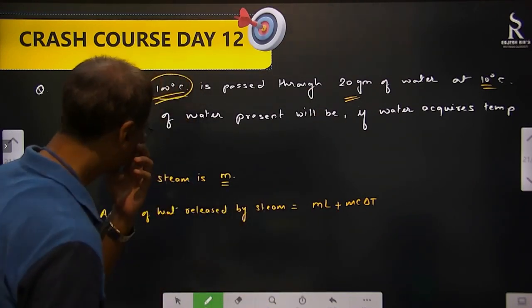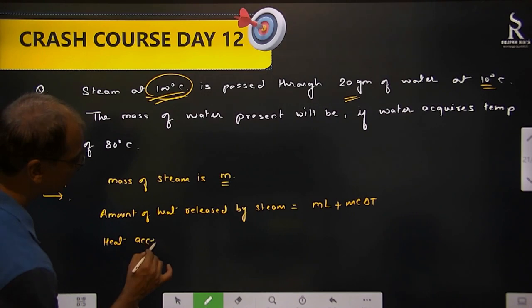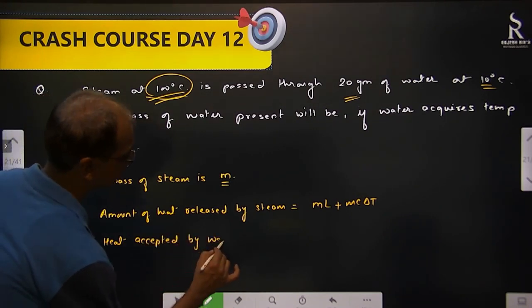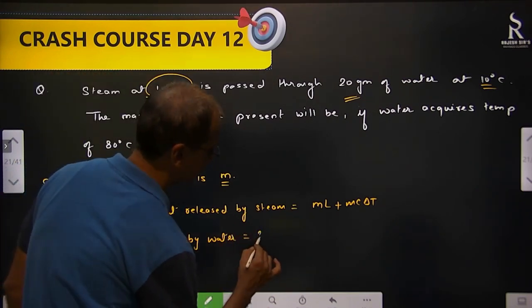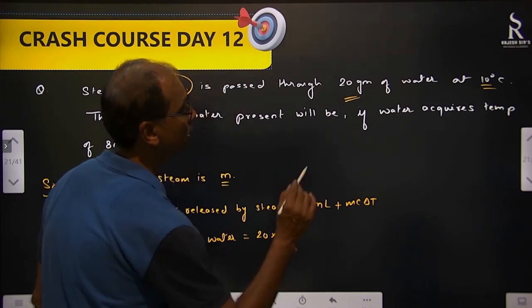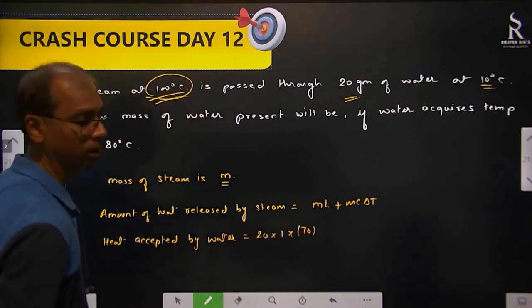Okay, so what you will write? Heat accepted by water. Now directly I am writing its mass, okay, 20 into specific heat 1 into change in temperature. How much? 10 to 80, that's 70. Now both I am going to equate.